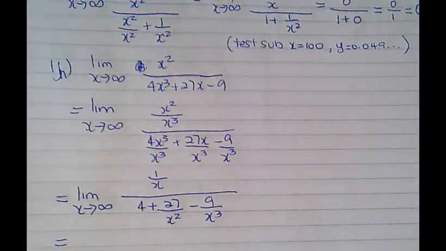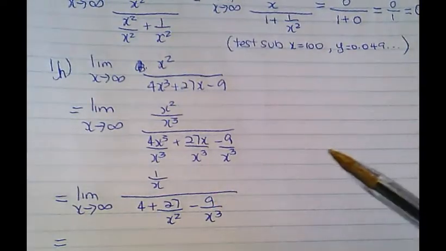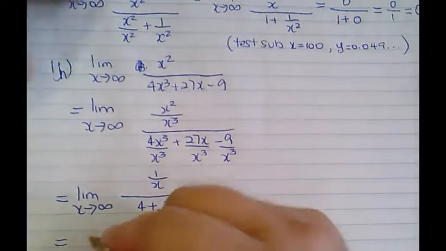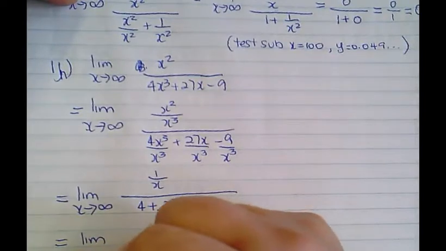Now, anytime you see anything of the form 1 on x squared, 1 on x cubed, because 1 on x squared is 1 on x times 1 on x, don't worry if there's 9s and 27s on top. You will get 0 for each of those for anything over x.